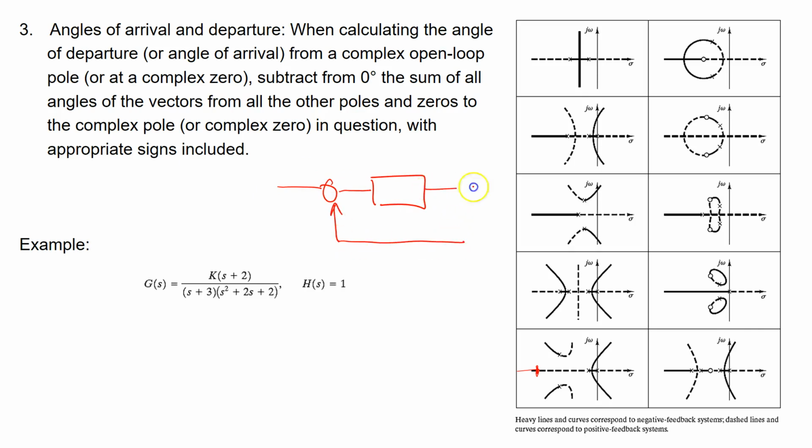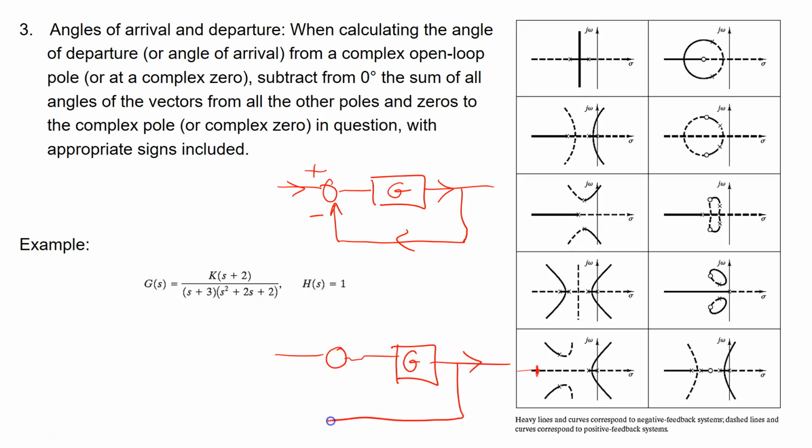H is 1, so nothing changes. So positive, negative, and that is G. First time I do it for this, which is what we have been doing. And the next time I do it for this. Positive, positive.